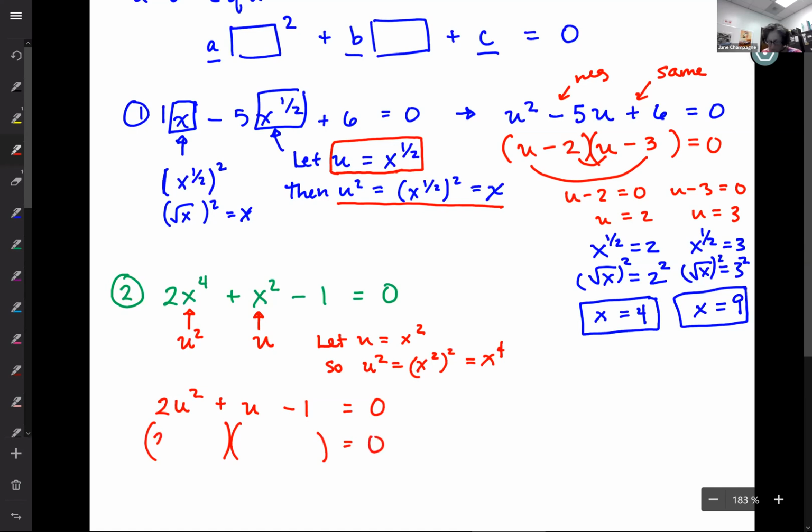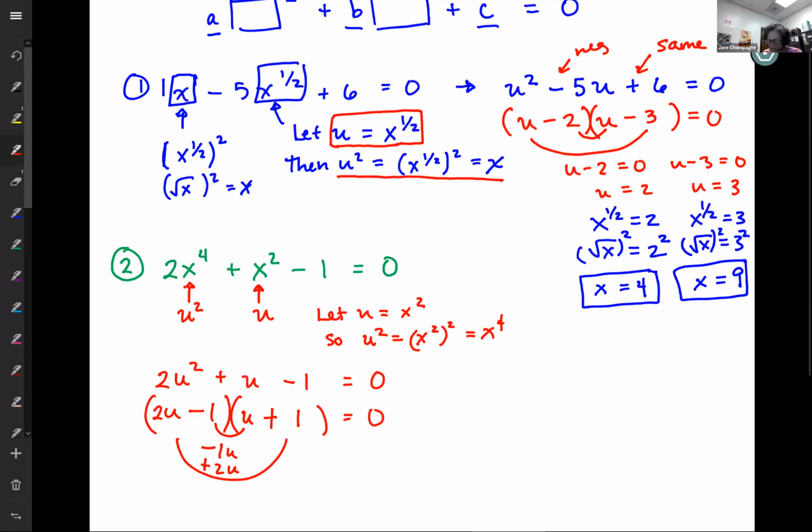This one, we've got 2u and u to get 2u squared. And then minus 1, we're going to have the signs different, but we're not sure which one goes where. So you just have to kind of try and see. This is 1u minus 2u. That's not what we want. So we want to switch those signs around. We want this to be minus and this to be plus, so that we get a minus there and a plus there.